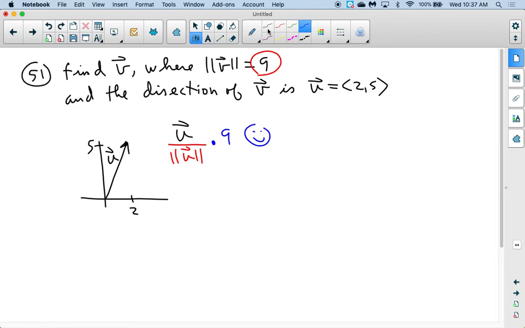So let's do that. We'll start with u, 2, 5. We'll divide by its magnitude, the square root of 2 squared plus 5 squared, and multiply that by 9. So what does that give me? Let's go to green here. That gives me 9 over radical 29 (25 plus 4) times 2, 5.